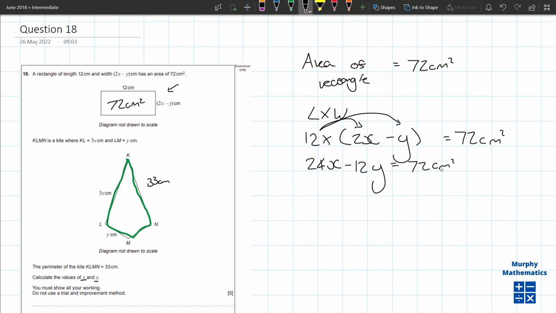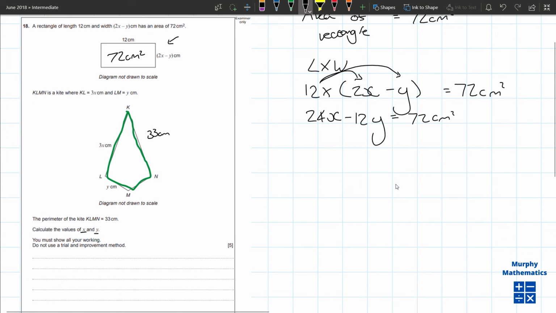Perfect. So we aren't able to find x and y from this equation alone because we have two unknowns within one equation. This is going to be simultaneous equations. So let's look at the kite. To work out the perimeter of any shape, we count the lengths on the outside.